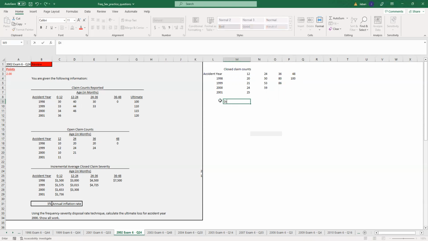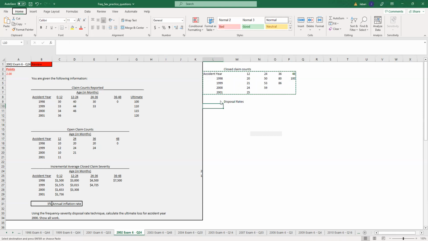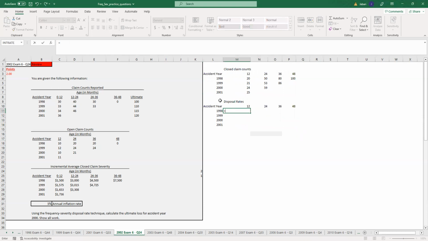So next up, we can find the disposal rates. Disposal rates are going to be a little faster, because all we need to do with these is take the closed claim count and divide it by the corresponding ultimate for that row.